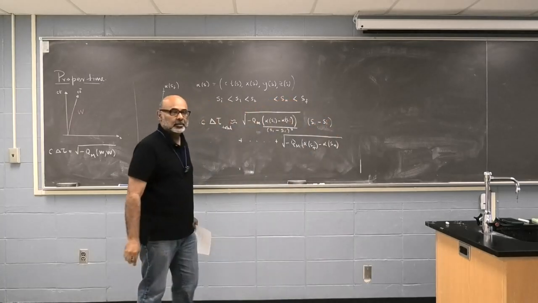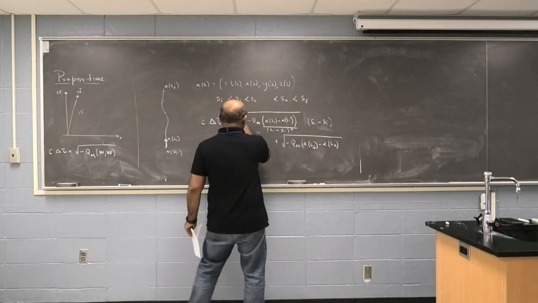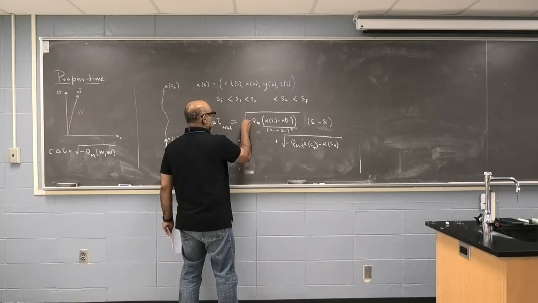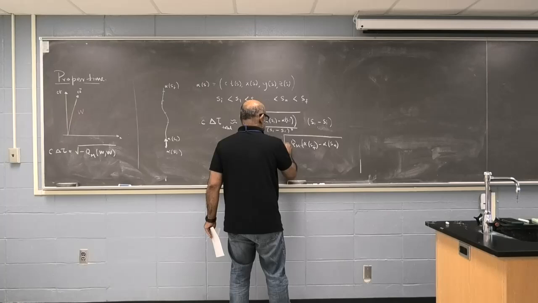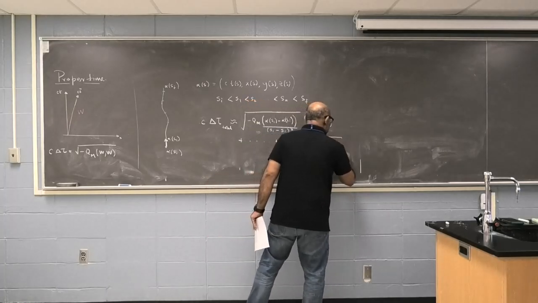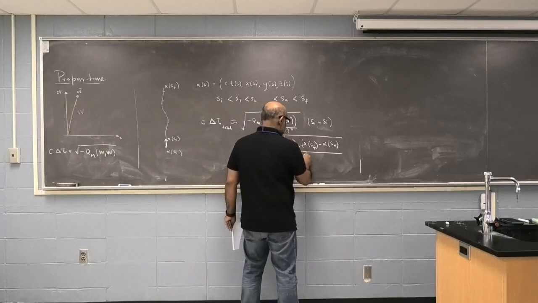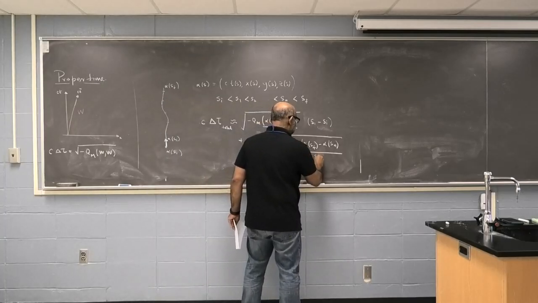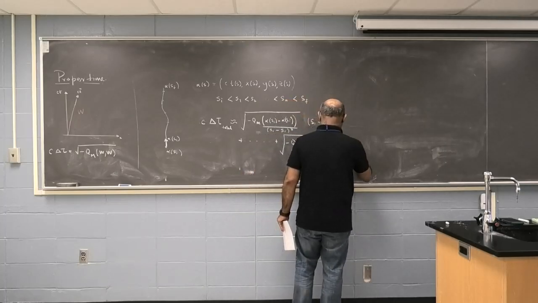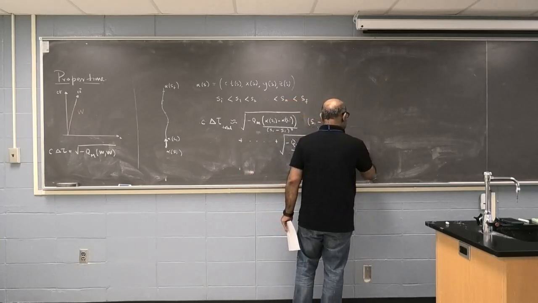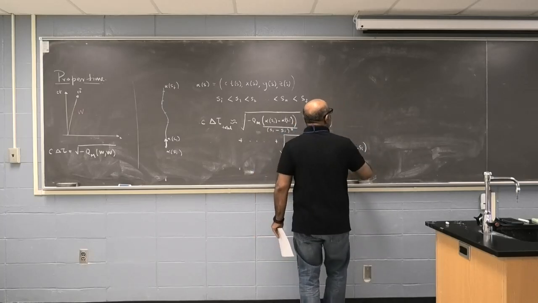Can I do that? I haven't changed anything. This is in the square root. This is the next line, by the way. What do you think I'll divide by here? s_final minus s_i squared. Now, why would I do that?